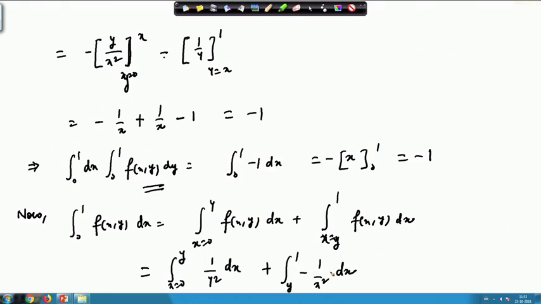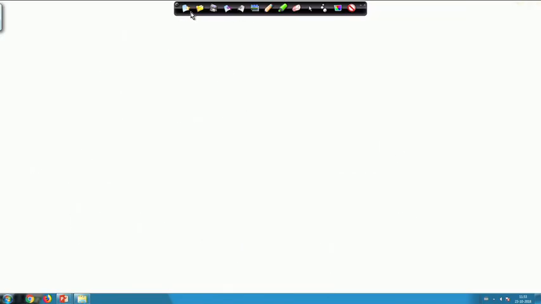All right. Now, if we integrate like we did before, then we will basically obtain 1 by y plus 1 minus y, and this answer is 1.